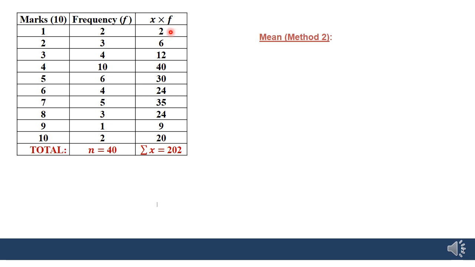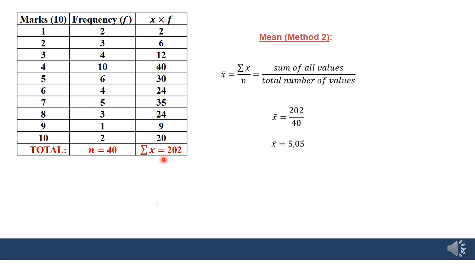So I had 1 plus 1 gives me 2. 2 3 times gives me 6, etc., etc. Then I sum this column to get the sum of x, the sum of my values, and I divide by 40, so same as in the previous slide, to get 5,05. So it's just a personal preference whether you want to do it in the table or whether you just write it out long in a fraction.